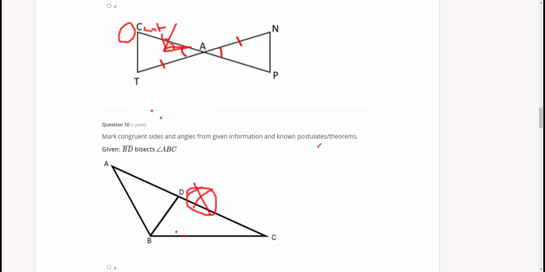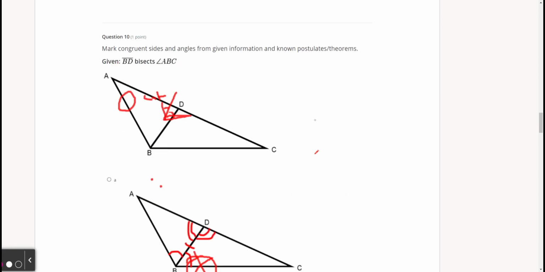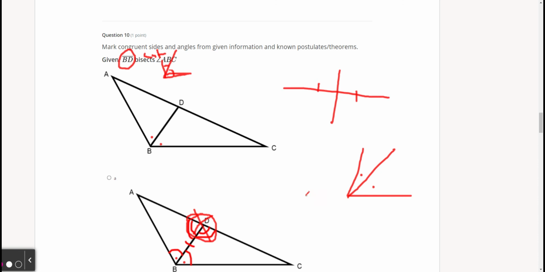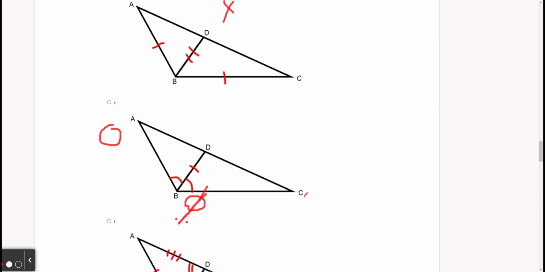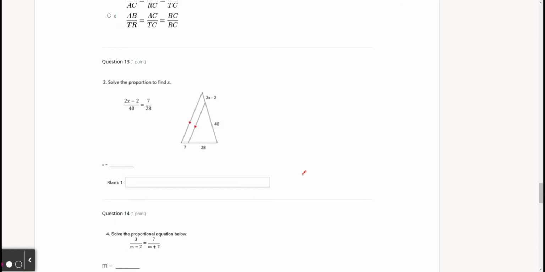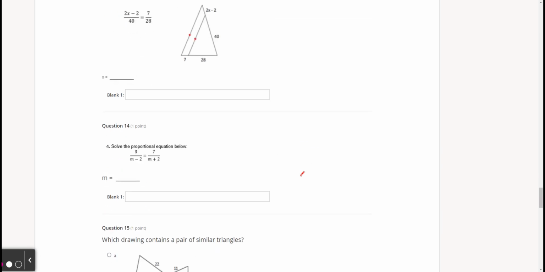Because when you bisect something, you end up with 2 things. When you bisect, if you cut a segment in half, you end up with 2 segments. If you cut an angle in half, you end up with 2 angles. And then you mark that reflexive side. And you can always mark the reflexive sides. Okay. These are good questions, ladies and gentlemen.